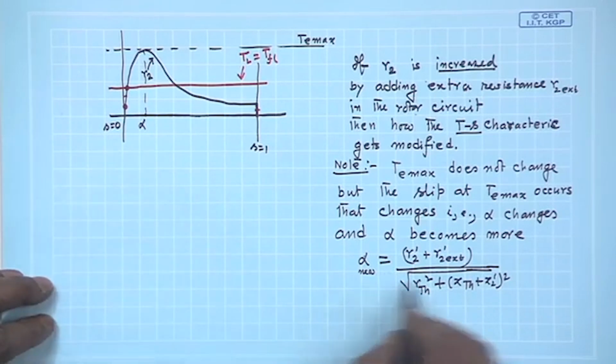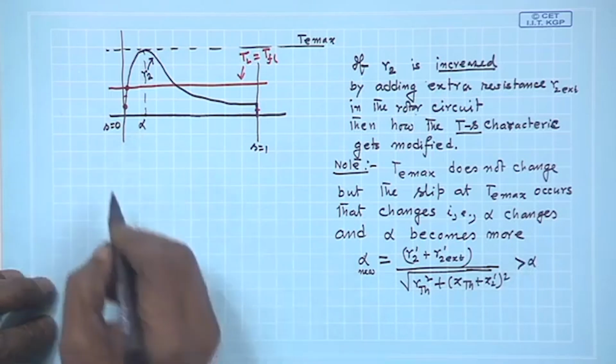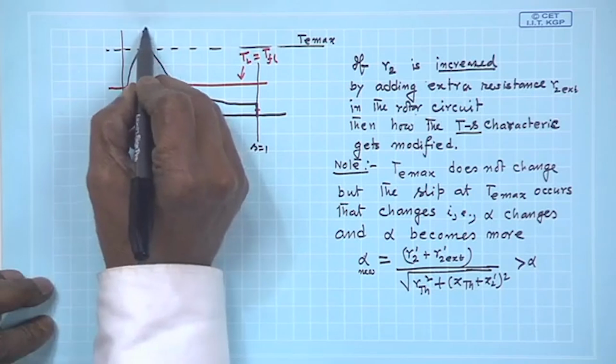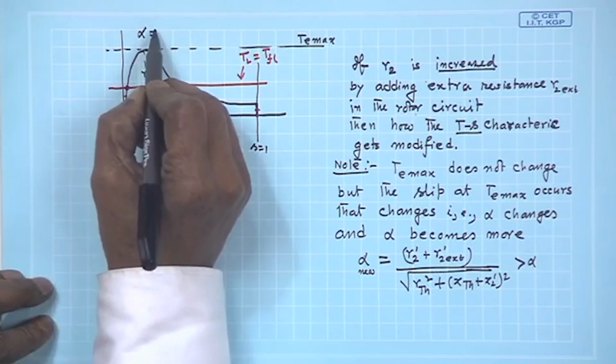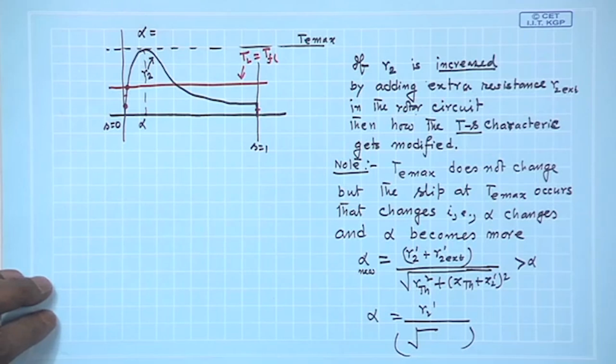And this will be greater than alpha, which was, what was alpha? Alpha earlier was simply R2 dashed by the same square root, only the numerator was R2 dashed.